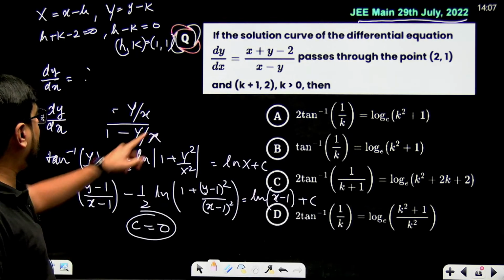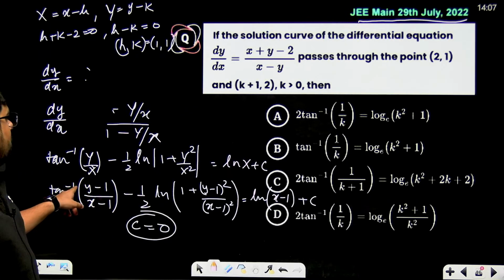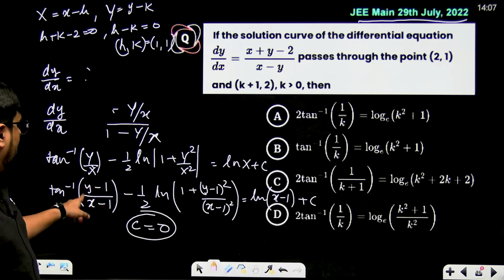Now for the point (k plus 1, 2), x should be k plus 1 and y should be 2. So k plus 1 minus 1 is k, 2 minus 1 is 1, so 1 upon k.